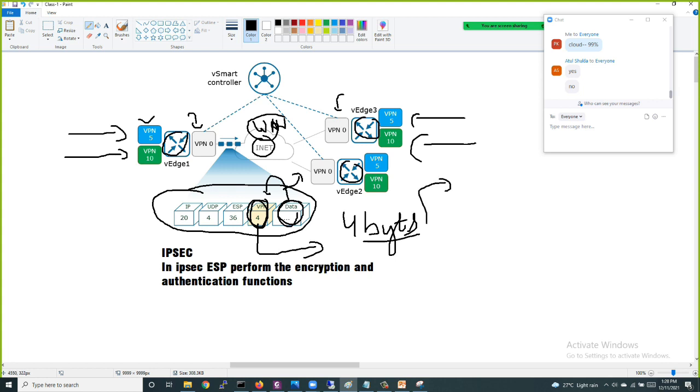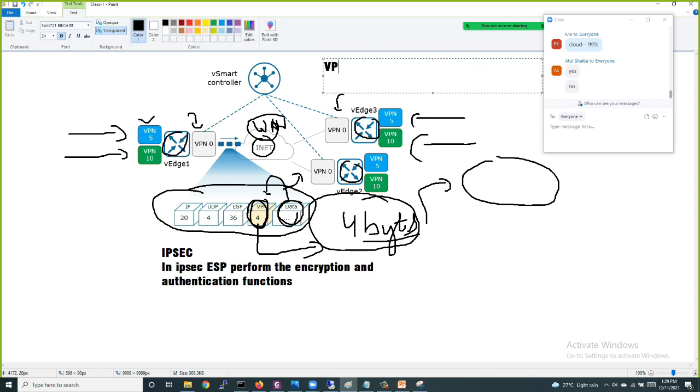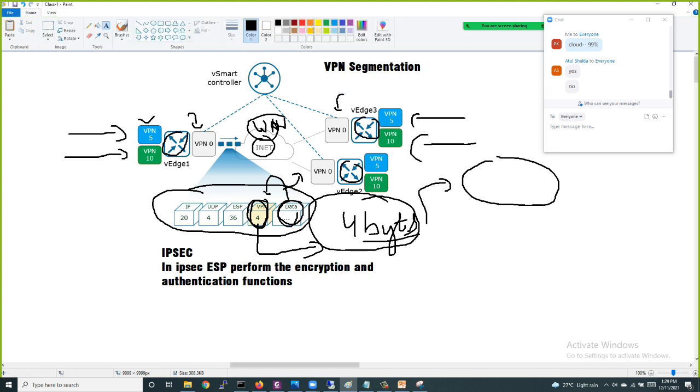And the VPN tag will consist of a numeric value which will define which VPN this traffic belongs to, right? So guys, this particular thing is called VPN segmentation, right? Any particular doubt in this? Guys, feel free to ask, right?